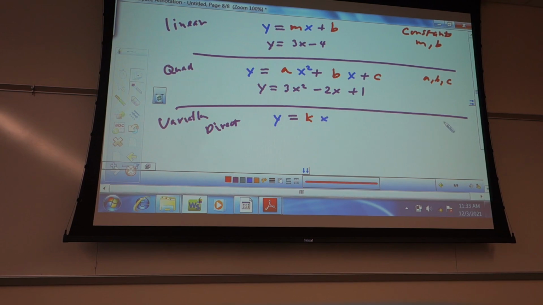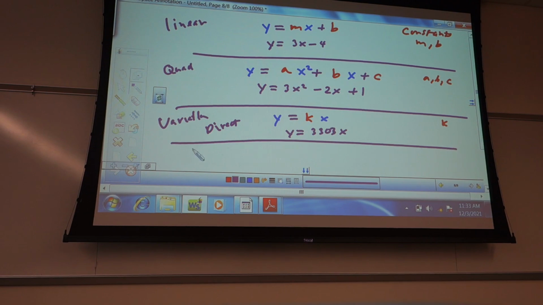Again, k is my constant. For example, it might be y equals, I don't know, 3301x, I think was one of our problems, something like that.